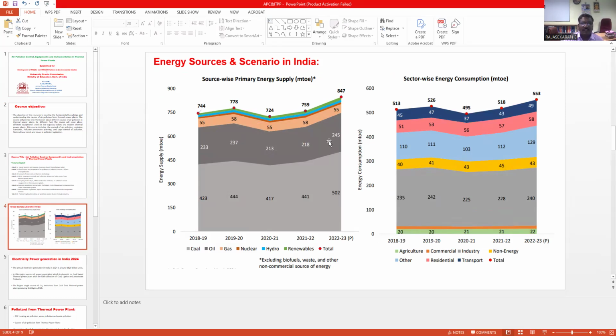What are the different input sources of energy used for power generation, and what will be the end user? The end users can be classified into agriculture sector, commercial sector, industrial sector, residential sector, and transportation sector.